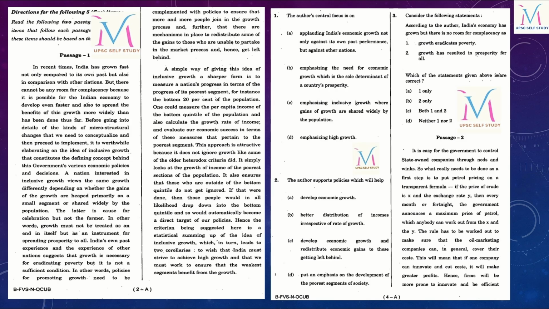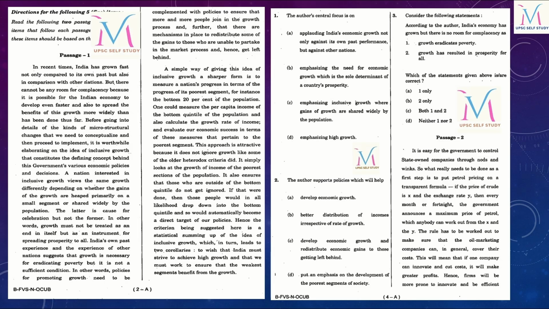Now coming to the questions: the author's central focus is on. After reading the whole passage you will be able to answer. I will be explaining the answers after. Coming to the first question, the author's central focus is on: option A, applauding India's economic growth not only against its own past performance but against other nations.